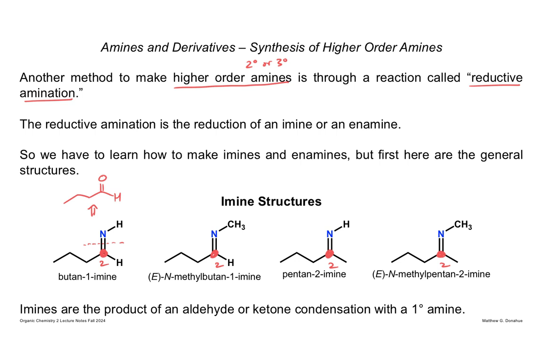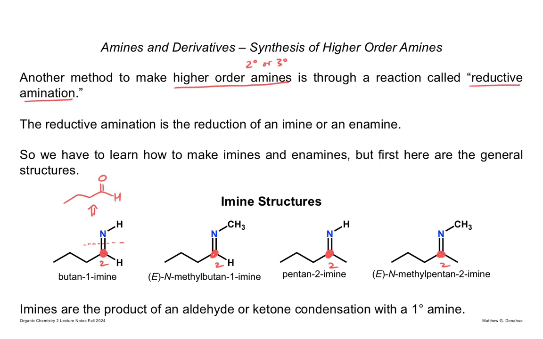And then the nitrogen part has to come from a primary amine. So overall, since it's a condensation, you're losing water. The O comes from the carbonyl, and then the hydrogens come from the amine.